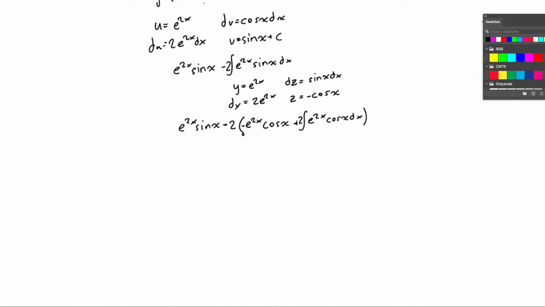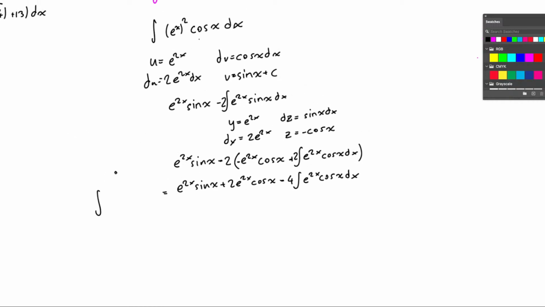So now we get, when we distribute this, e to the 2x sine x plus 2e to the 2x cosine x minus 4 times the integral of e to the 2x cosine x dx. Remember, this is equal to the integral of e to the 2x cosine x dx.